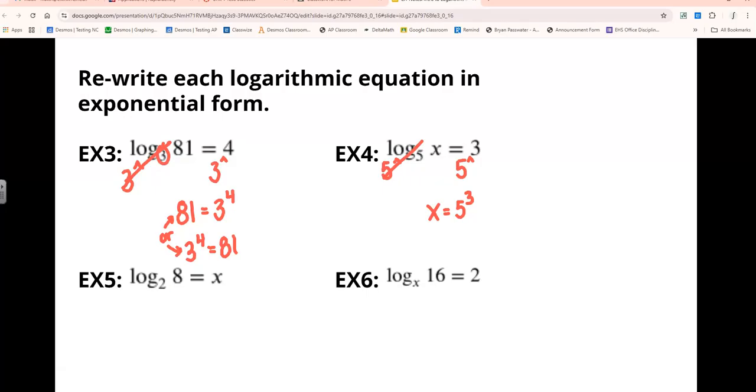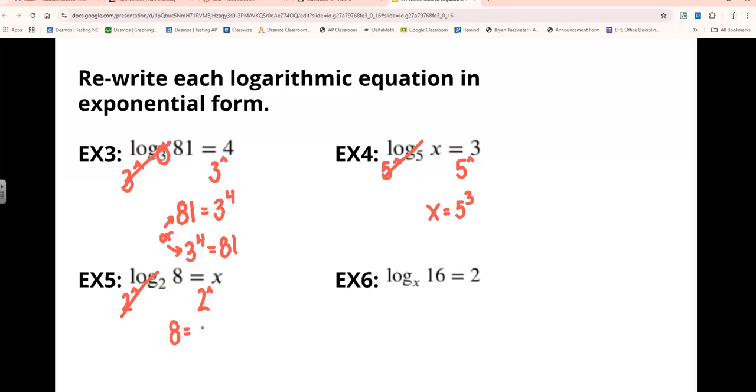So, Joey, what's the base on example 5? It's 2. So what do I have to do to get rid of that log base 2? It's not really squaring. It's going to be 2 raised to that power, right? So over here, you're just left with your 8. Over here, Joey, what's that going to look like?